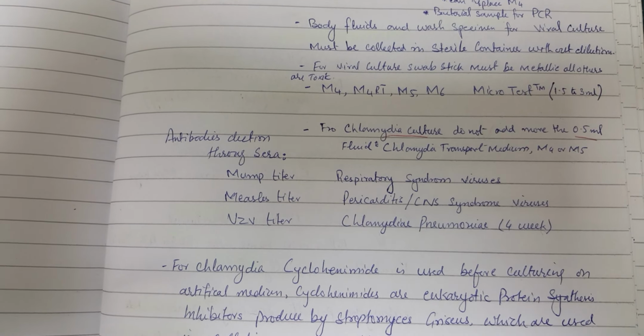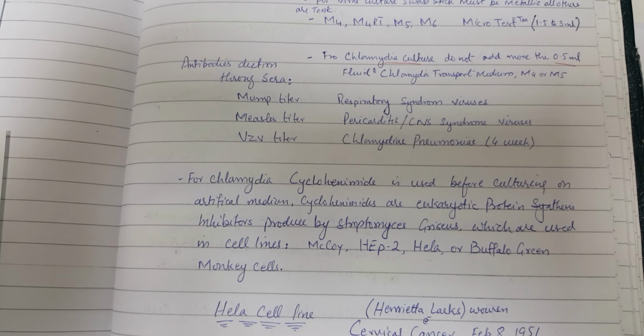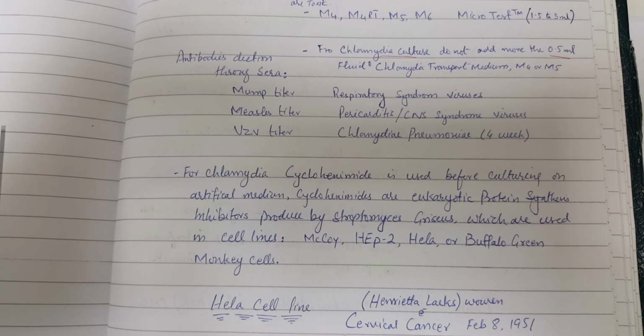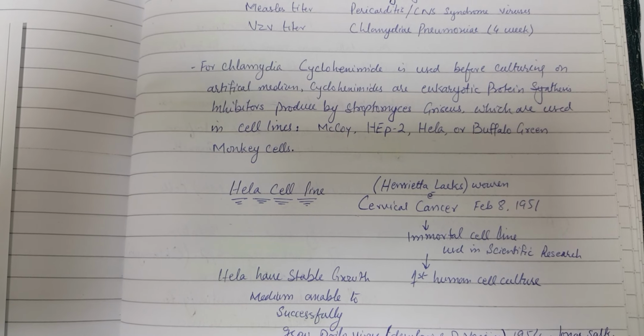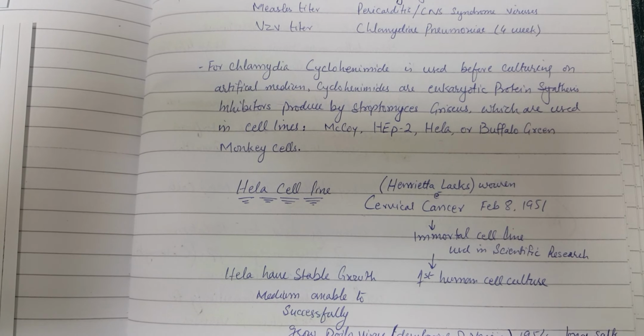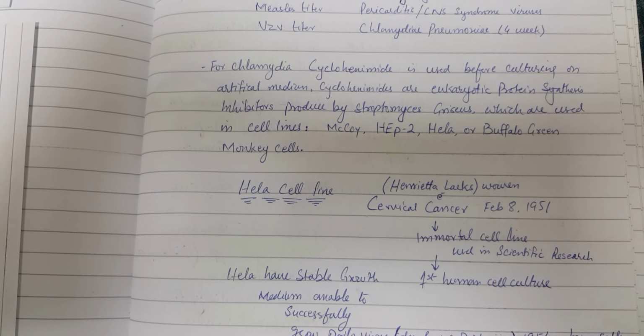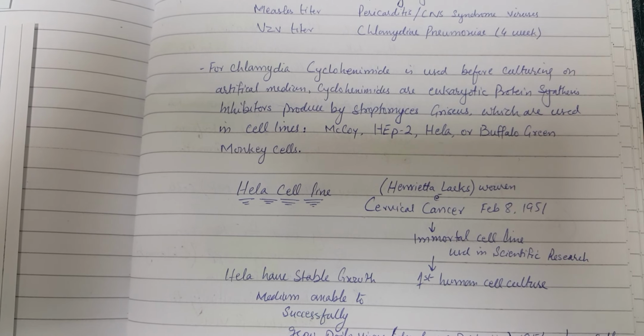Cycloheximide is a eukaryotic protein synthesis inhibitor produced by Streptomyces griseus, used in cell lines like McCoy, HEp-2, HeLa, and buffalo green monkey cells. HeLa cell lines were originally isolated from Henrietta Lacks, the woman with cervical cancer, in February 8, 1951.